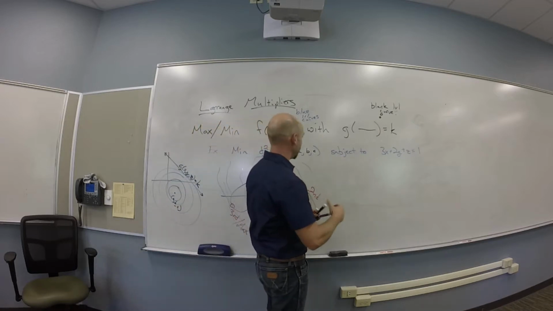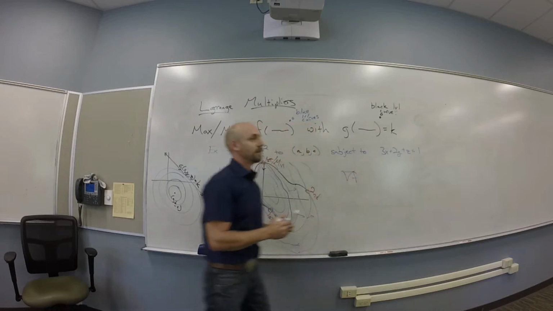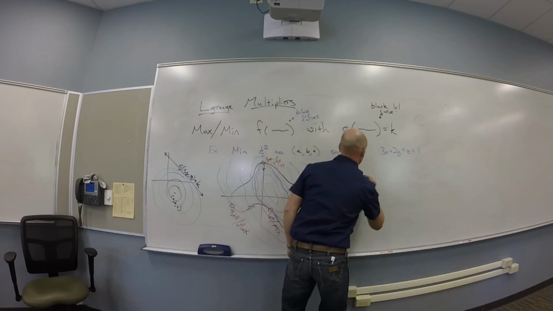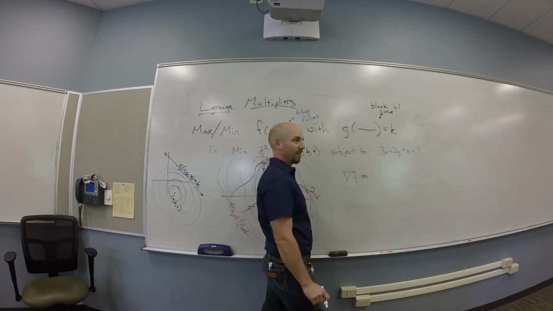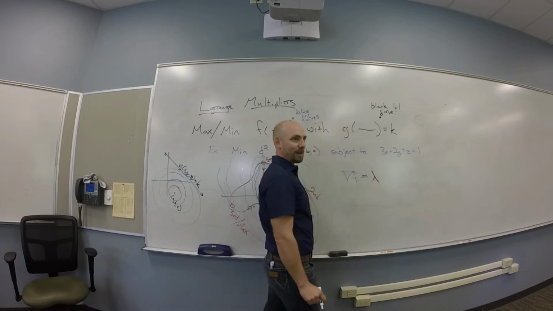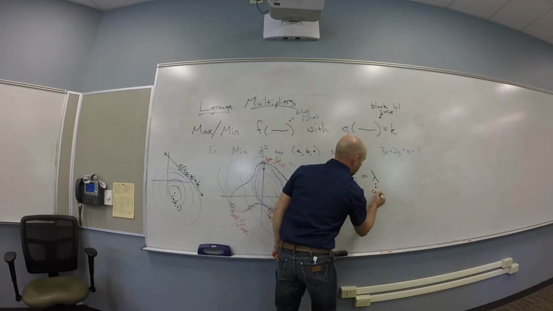let's see, blue level curves, gradient of f is lambda, some constant, right? Okay. Oops, I could have called it K just to make it even worse.